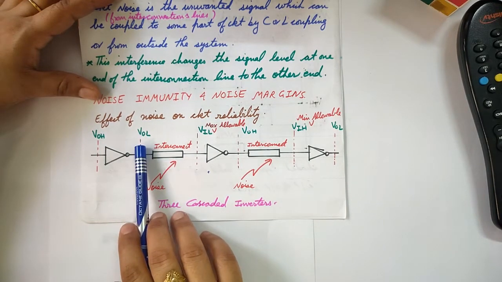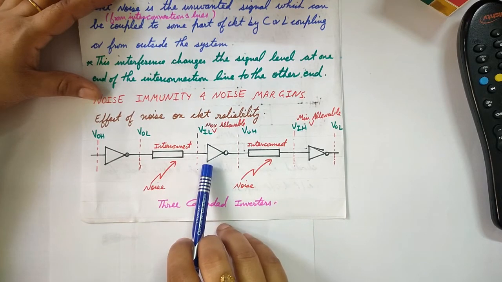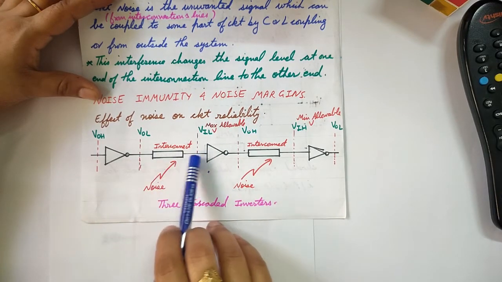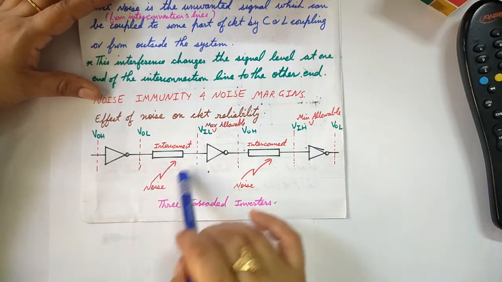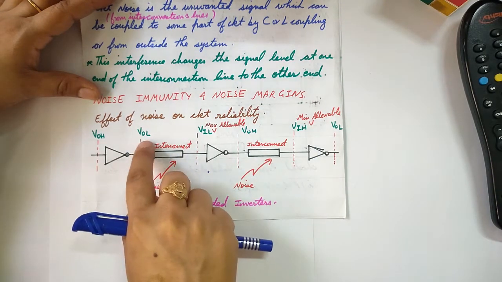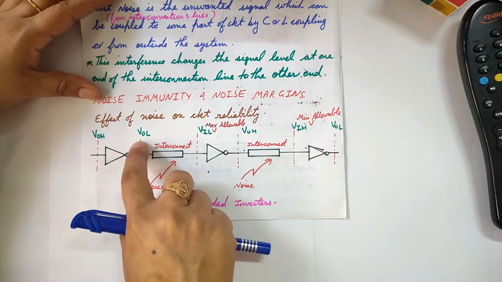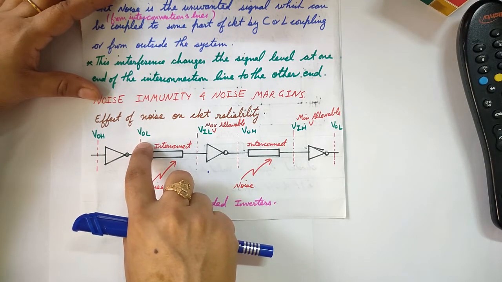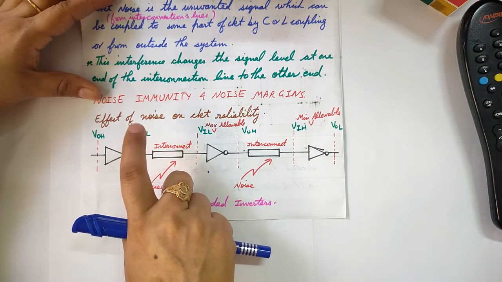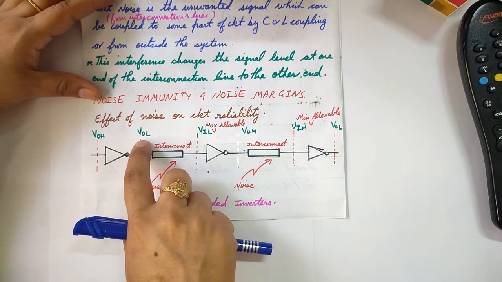Now this VOL is being fed to the input of the second inverter by means of this interconnect, and here is the noise. What will this noise do? This noise can either decrease or increase the value of this VOL. This is obvious, only two things it can do: either it will be added or subtracted.